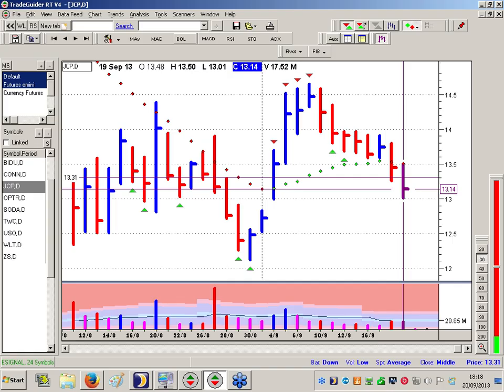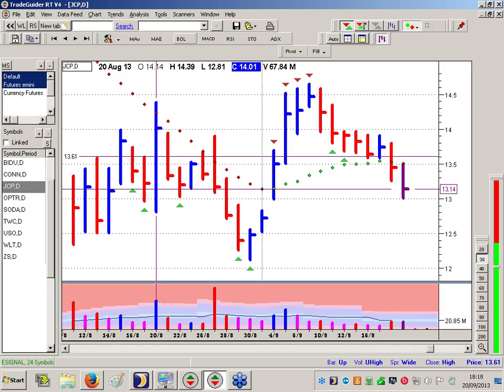And where's the buying in the background? It's not going to go up unless you get substantial buying coming in, which you can see in the background. And you certainly don't want anything like the high volume on up bars like this.